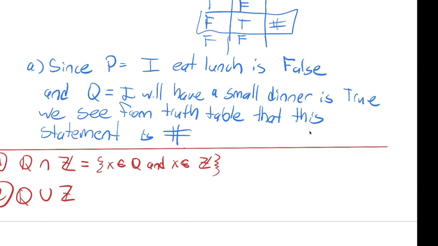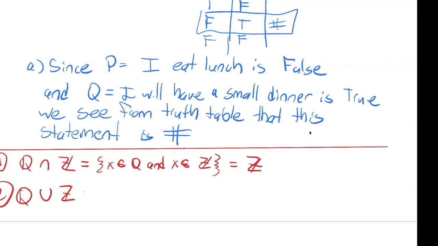So every integer is in fact a rational number. When we take the intersection of these, we would just get back the integers. Those are the only values that are in the integers and in the rational numbers. So something like 1/2 isn't in the intersection because it's not an integer.